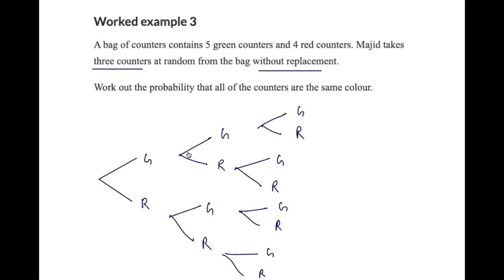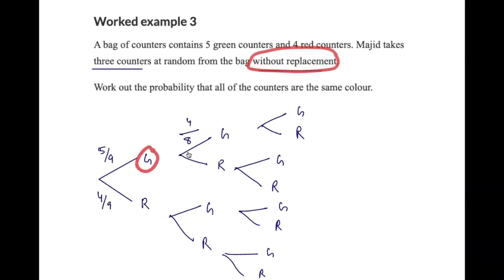The probability that the first counter is a green counter should be 5 upon 9, and the probability that the first counter is a red counter should be 4 upon 9. If the first counter is a red counter, then the probability that the next counter is going to be a green is going to be 4 upon 8. That's correct? So why is that? Because it's without replacement.